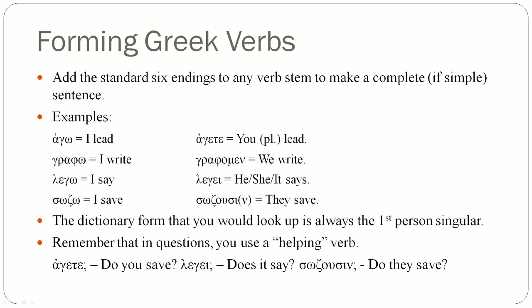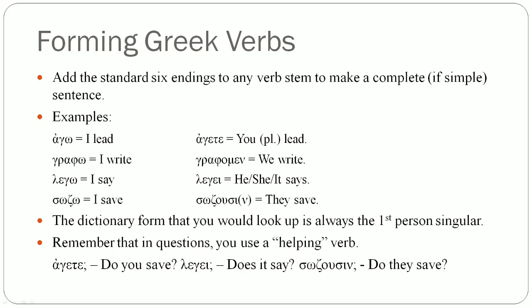The verb ago, alpha with a smooth breathing mark, gamma, and omega. The omega there is your standard ending, first person singular ending. As I said before, the way that we look up dictionary forms in Greek is the first person singular of the present active indicative. And so all of these are going to be your dictionary forms. Alpha with a smooth breathing mark, gamma, omega is the Greek verb ago, which means I lead.